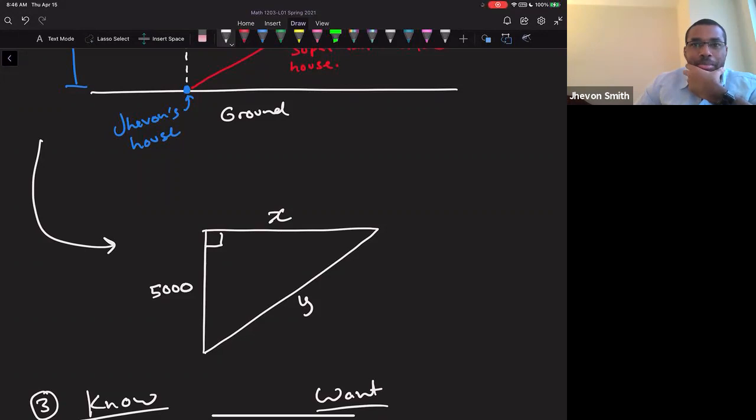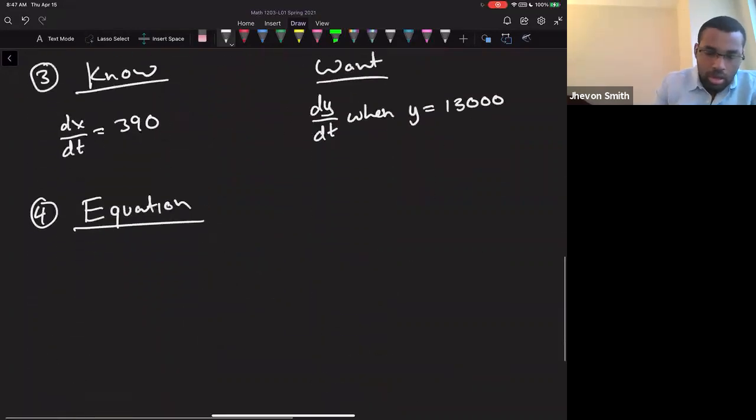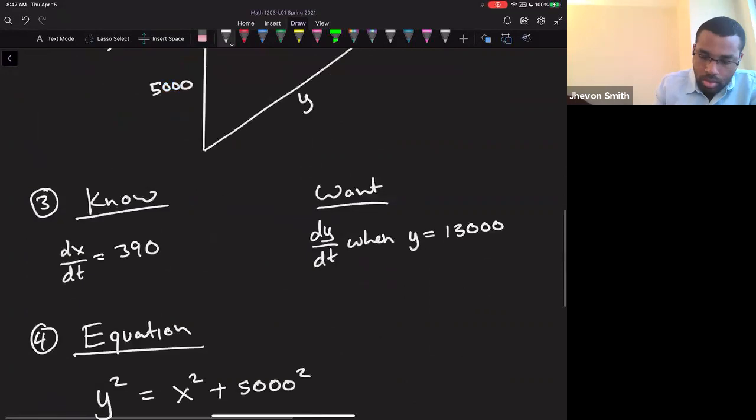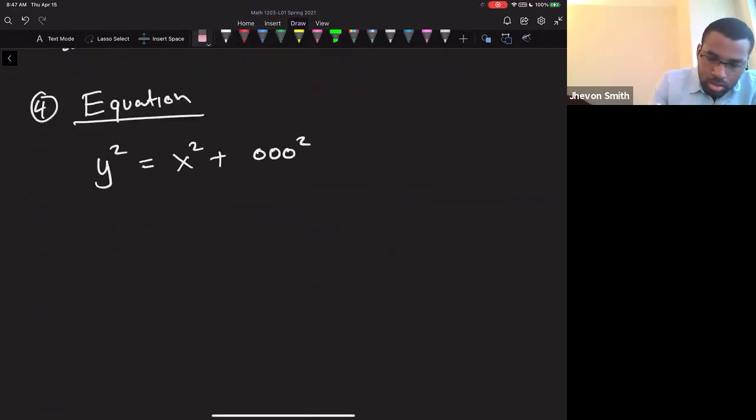Shouldn't be hard to set it up again. x squared plus y squared equals 5,000 squared. No. Or 5,000 squared plus x squared equals y squared. Right, the y is the hypotenuse, right? So y squared equals x squared plus 5,000 squared. Okay, so that's our equation.